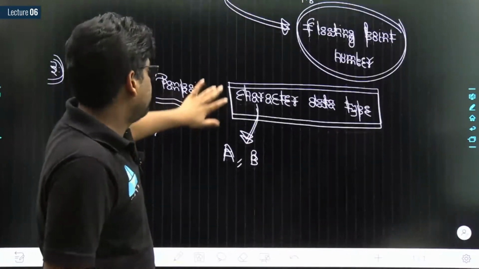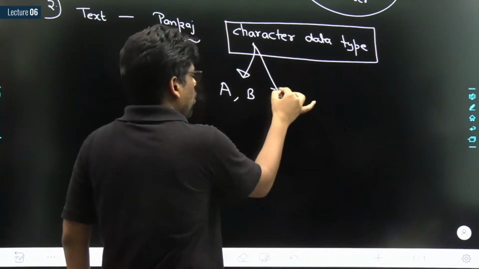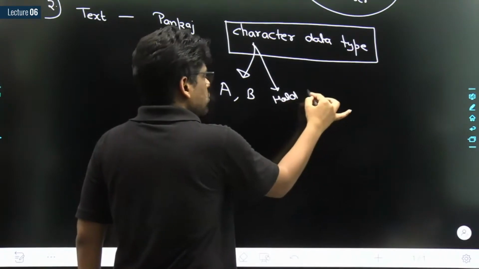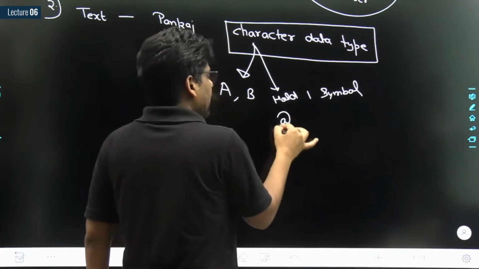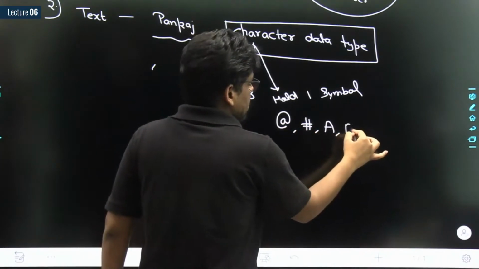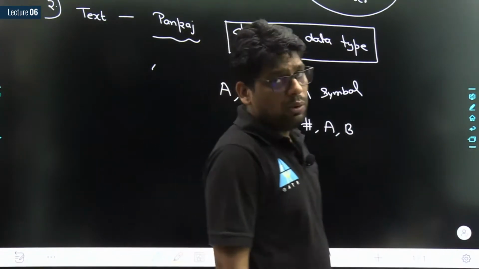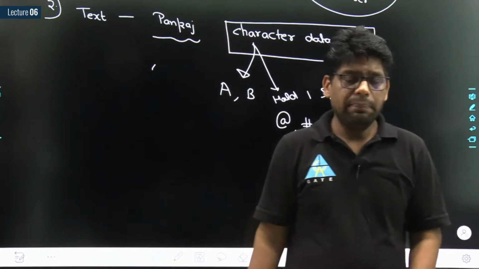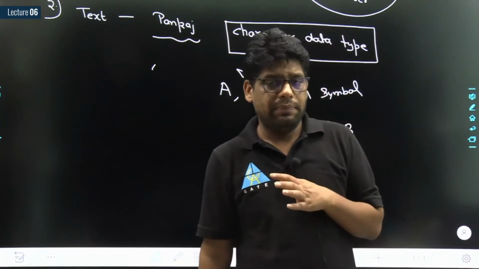The important point here is that the character data type can store one symbol only. That symbol could be @, hash, A, or B. So as of now, we have the integer data type, floating point data type and character data type.